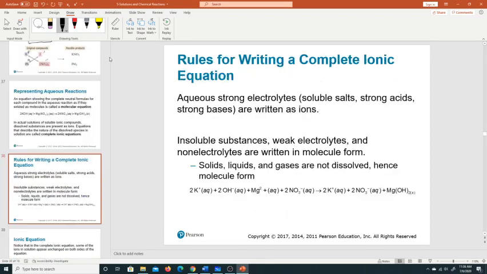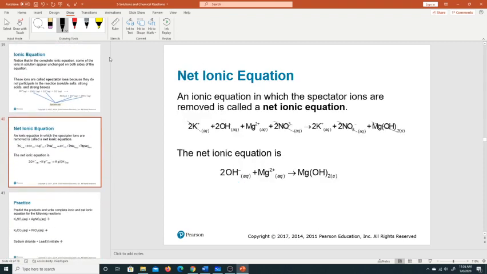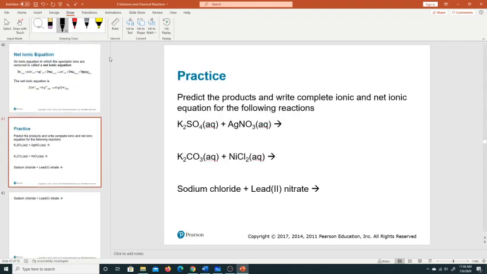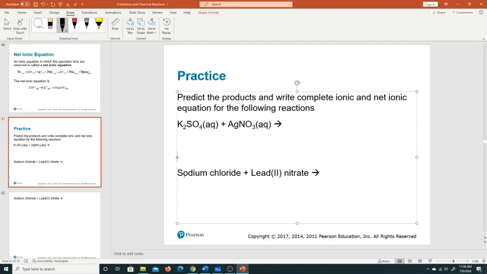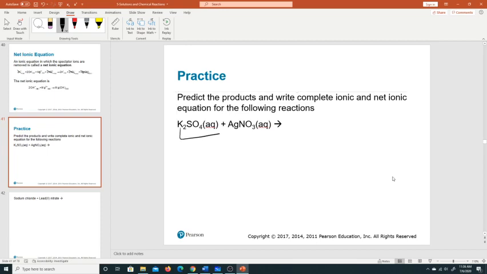Let's work through the one in the middle: K2SO4 with AgNO3. What do we form? K combines with NO3, and Ag has to combine with SO4, cation with anion.